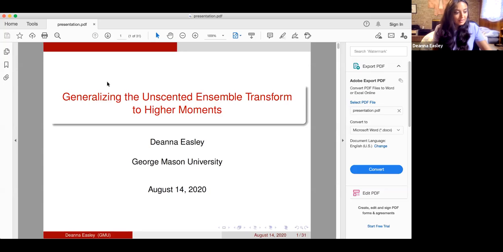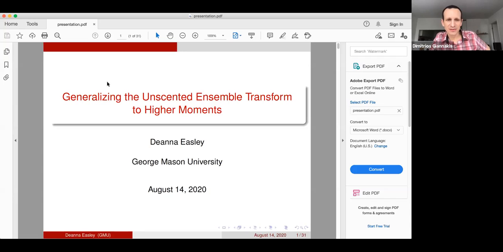An application of our research is dynamical systems. Considering the problem of forecasting the chaotic Lorentz 63 dynamical system as shown here, let's take an initial distribution and the forecast.